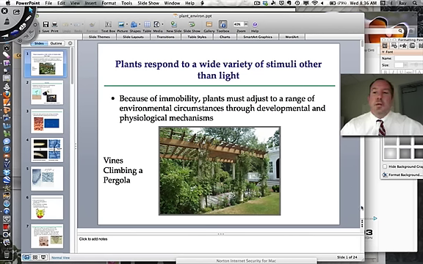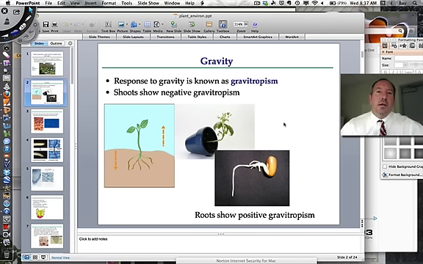I also wanted to point out gravity. Gravity is a really important environmental cue that plants receive, because plants have to know up from down. Shoots need to grow upward in order to catch lots of sunlight, capture carbon dioxide, and interact with pollinators.